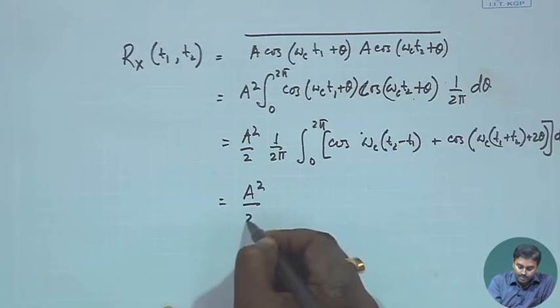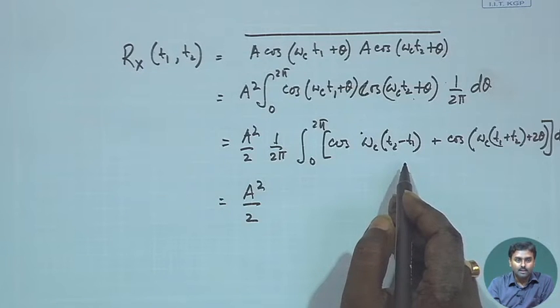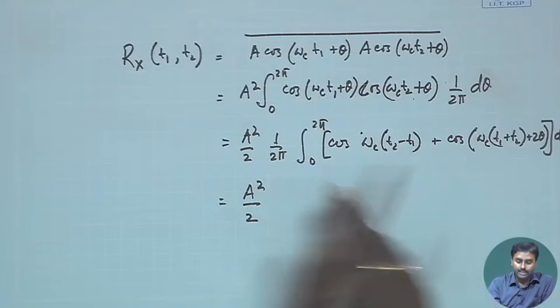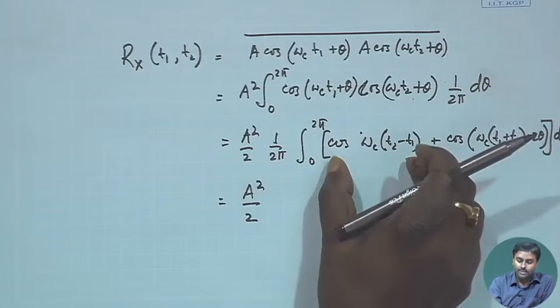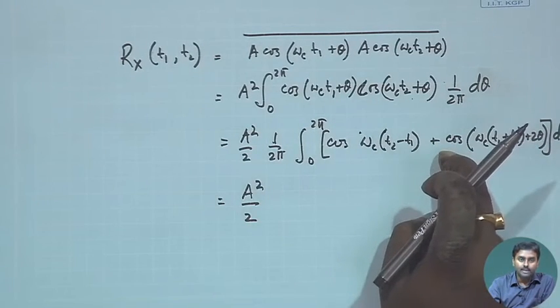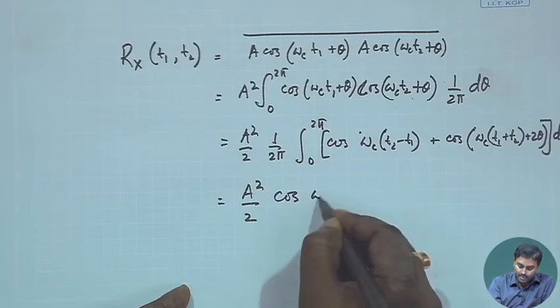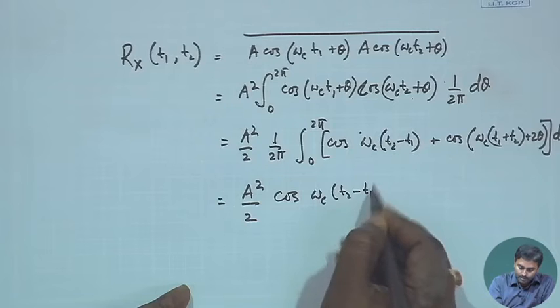So, A square by 2, the first term, that is not dependent on theta. So, if you integrate the first term, just that thing comes out, 0 to 2 pi d theta will be integrated. So, that will be 2 pi, this 2 pi gets cancelled. So, I just get cos omega c T2 minus T1, right.